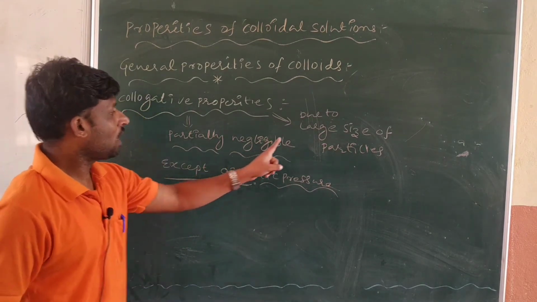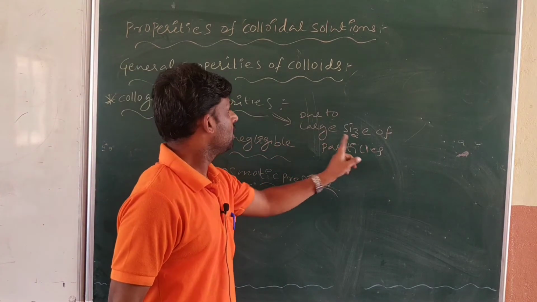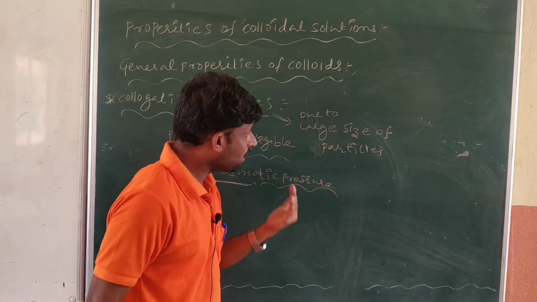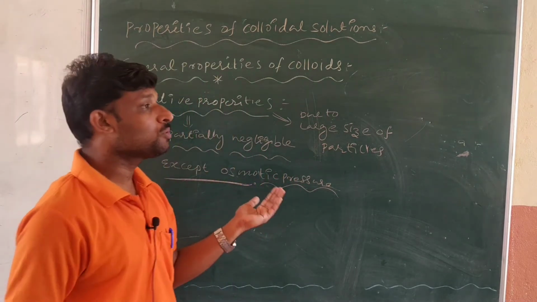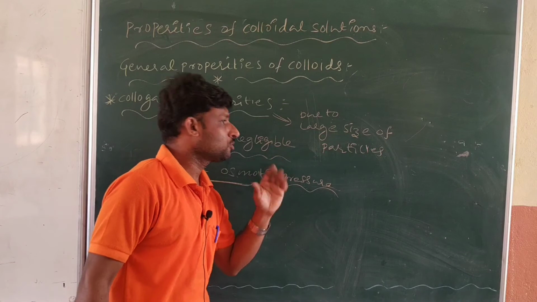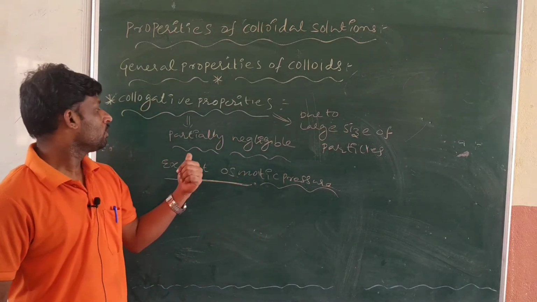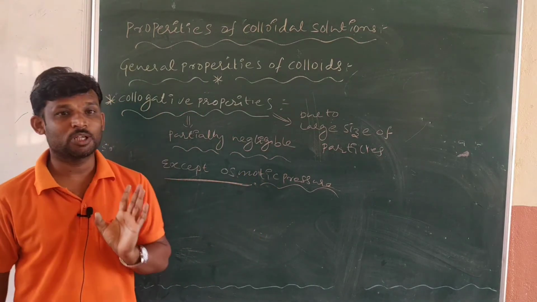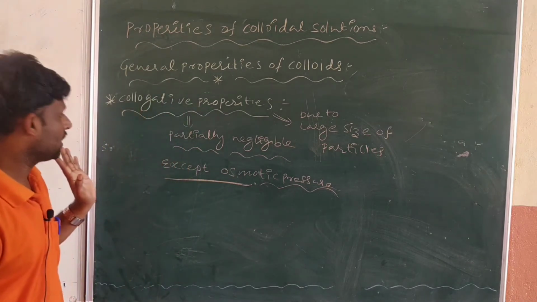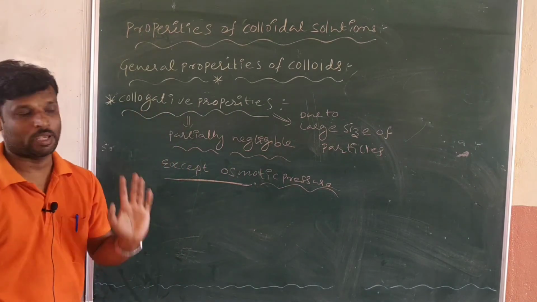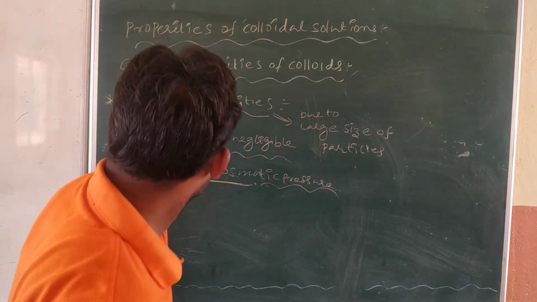But here the size is larger, so they do not depend much. They can depend, but compared to true solutions they are less, so they are partially negligible. Only osmotic pressure is the exceptional case. Now we'll go to the next point.